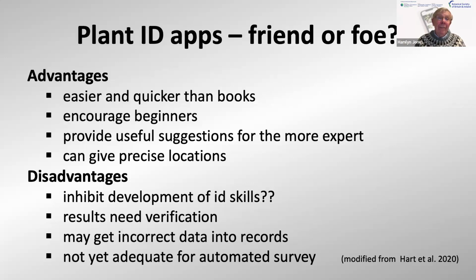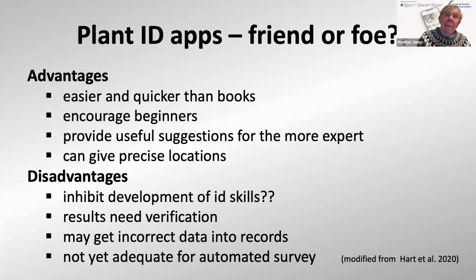Friend or foe? Quicker than books, easier. They encourage beginners, and they provide useful suggestions for more expert people. And the good feature of using apps is you often get a precise location when you record it. So some of the disadvantages are that many people think that they inhibit the development of ID skills in beginners and less advanced people.